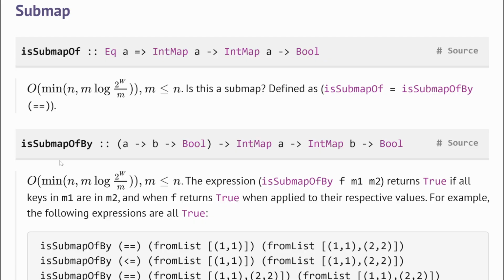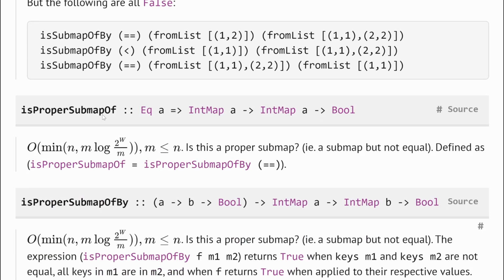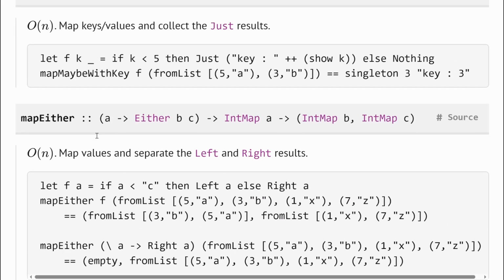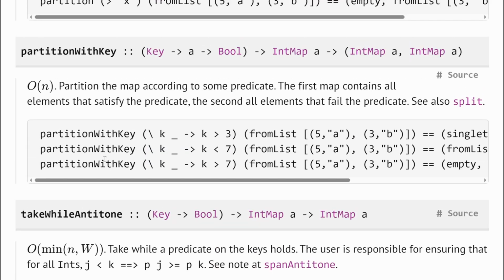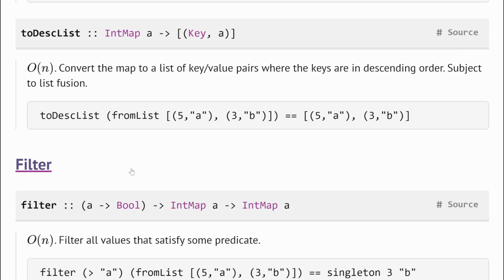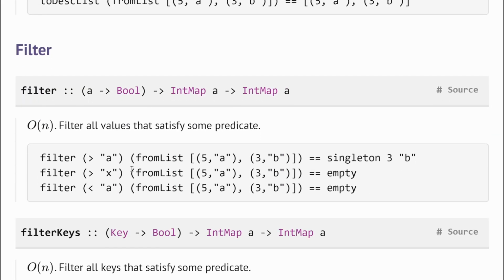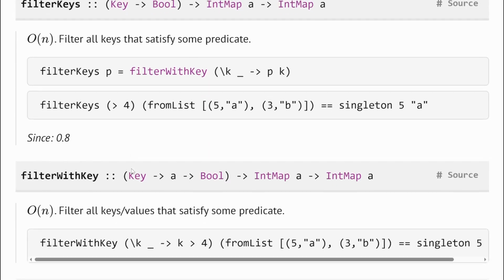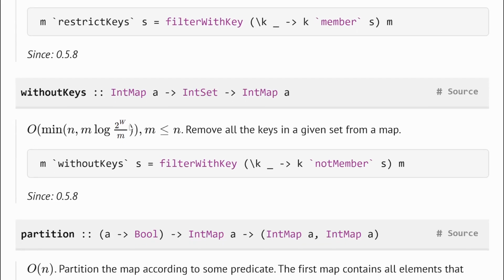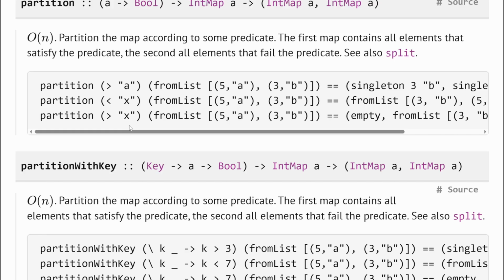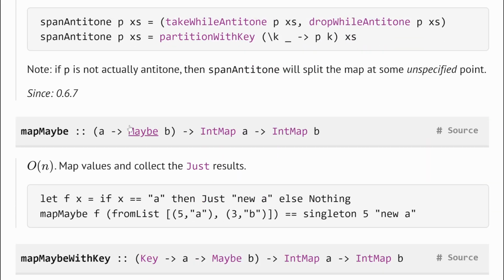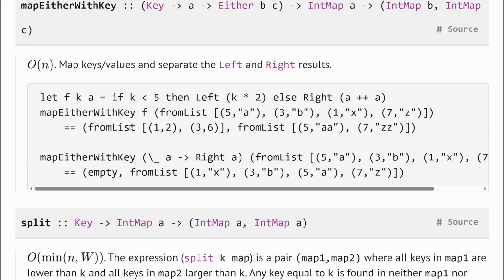Submap, I think? No, this is, okay, do I want filter? I want like split in a way, right? Which I know I just scrolled past, but. So filter is expensive. Partition, yeah, this is all. I think I want split or something like split.